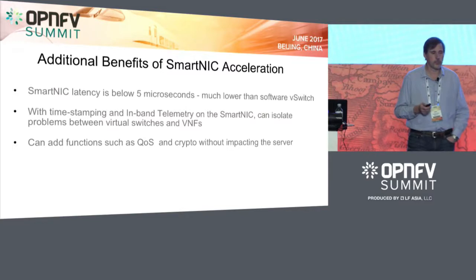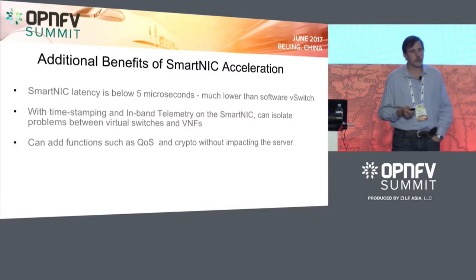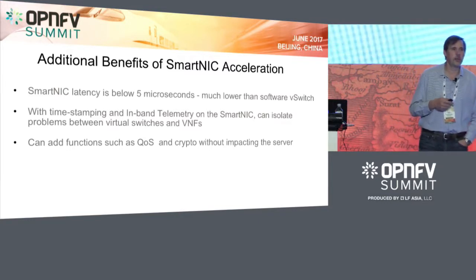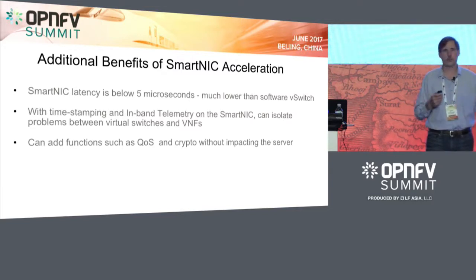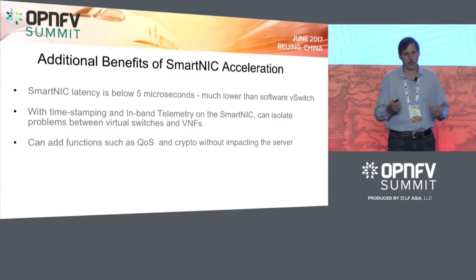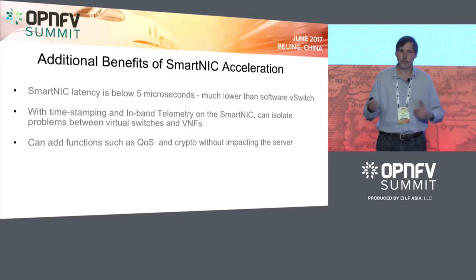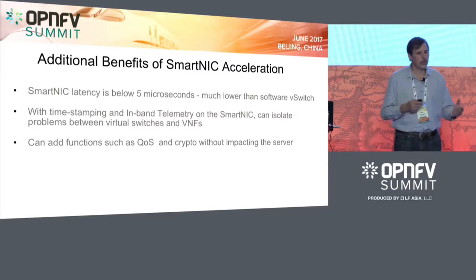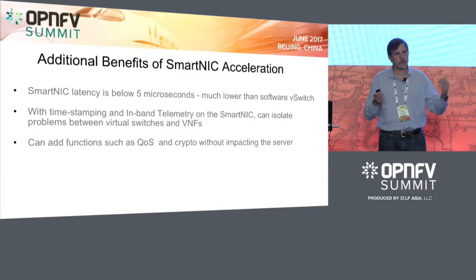And then there are added functions you can support, like in-band telemetry, which is becoming very important and has a lot of value in troubleshooting problems between the virtual switch and VNFs. It's very hard to get visibility on that if it's all on the server. With the virtual switch hardware accelerated, the SmartNIC can timestamp going in and out of the virtual switch, and in and out of virtual networking functions. So you can build nice histograms of latency showing where the latency problem is.